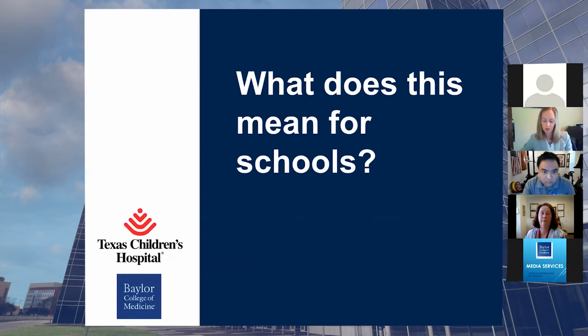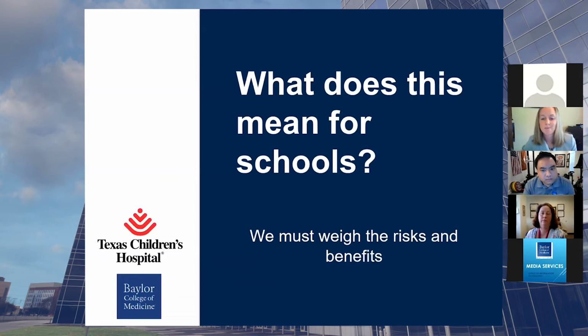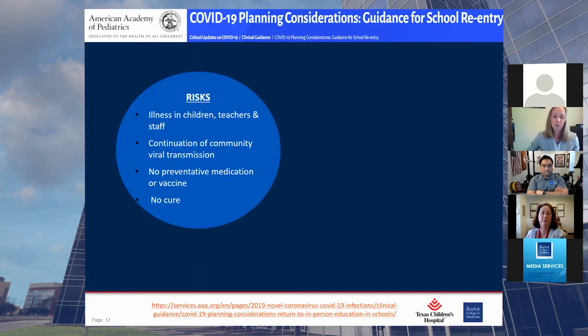So what does this all mean for schools? The real question is that we need to weigh both risks and benefits in order to make educated, scientifically based decisions regarding our school system. So first, understanding what the risks are in terms of having kids, teachers, and staff back in school.